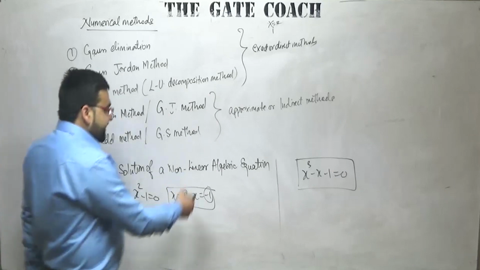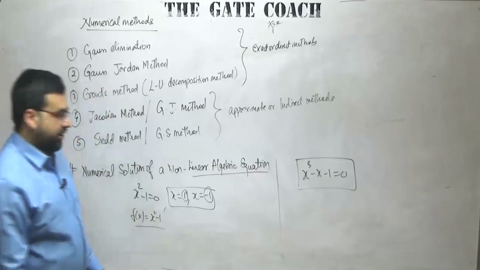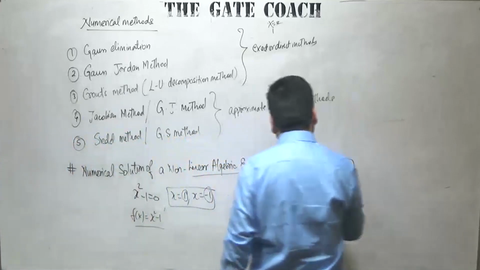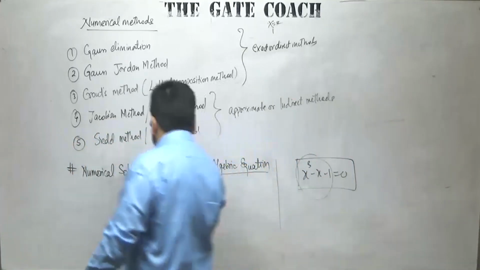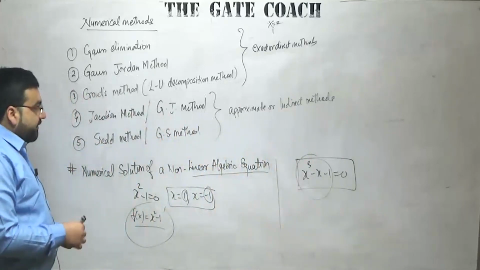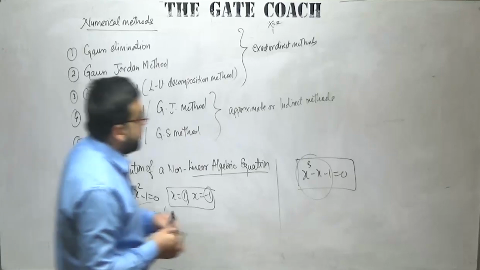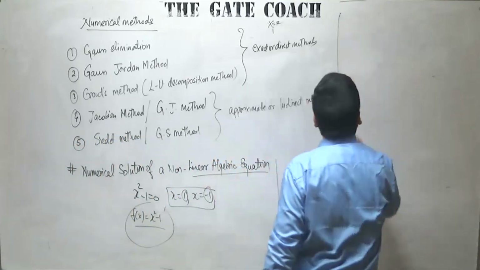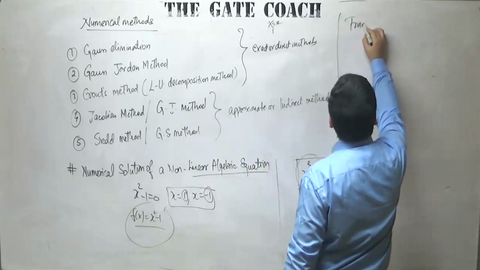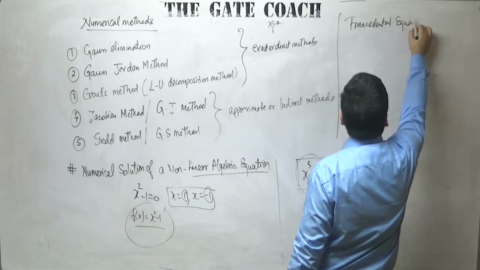So students, first there can be an algebraic equation, linear or non-linear. This type of equation, or this type of equation, is called the algebraic equation. We have one more type of equation, which is called the transcendental equations.